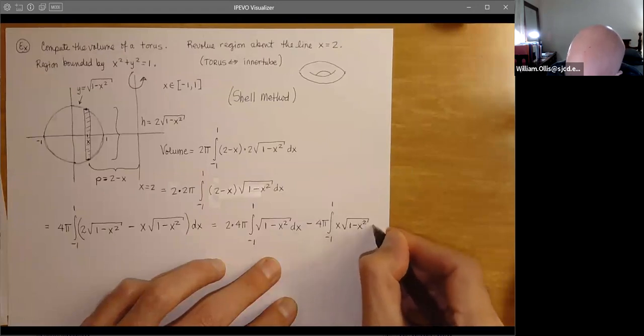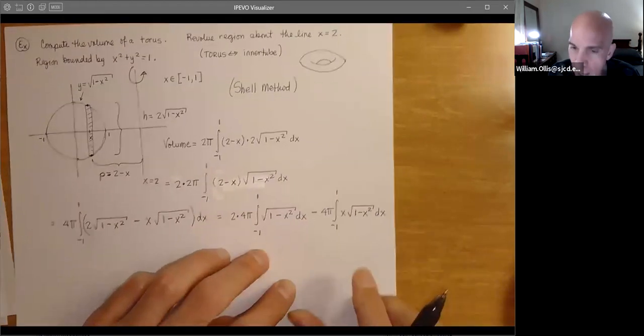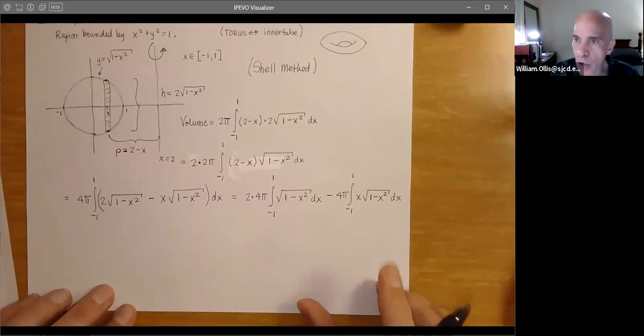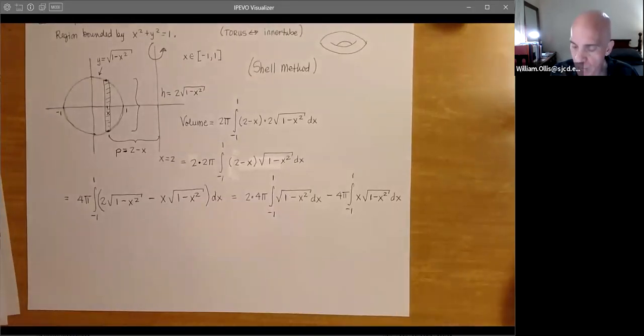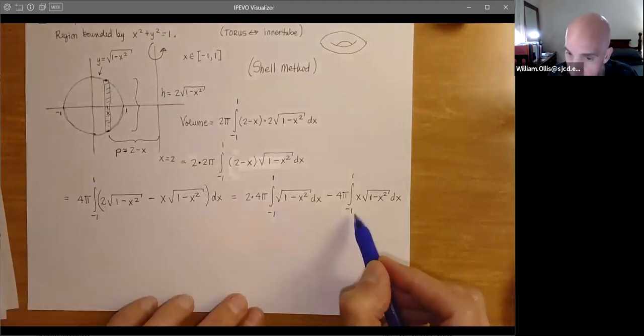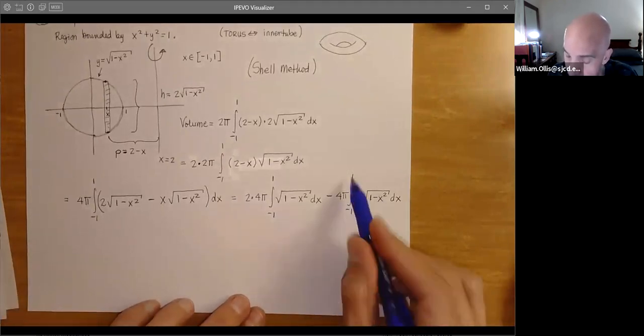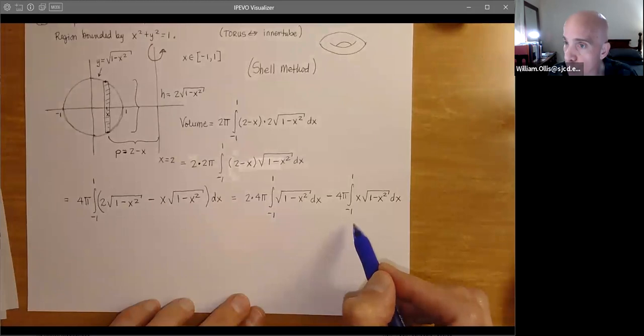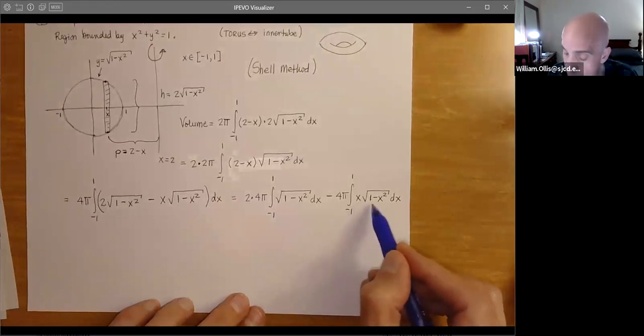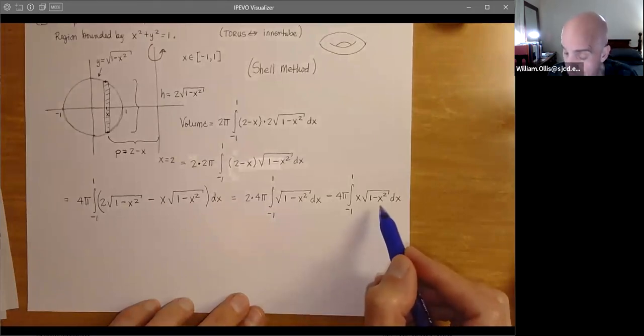So of course this looks real complicated, but it's not. Based on what we already know, we can do this without having to resort to some type of trigonometric substitution. First, I want to note here, and we'll do the easy part first. This is what we call a symmetric interval of integration. And notice this function is odd.